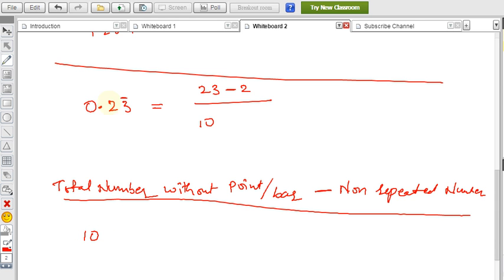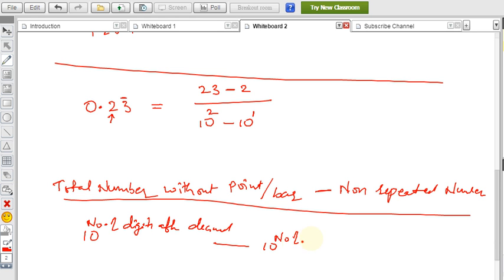number of digits after the decimal, only 2 after the decimal, minus again 10 to the power number of digits after the point but non-recurring. Non-recurring is only 1, that is 2.